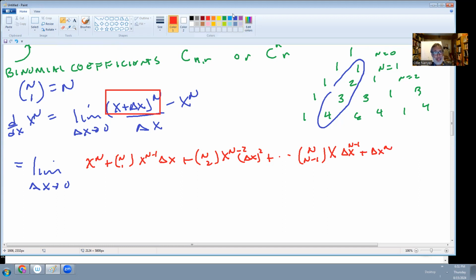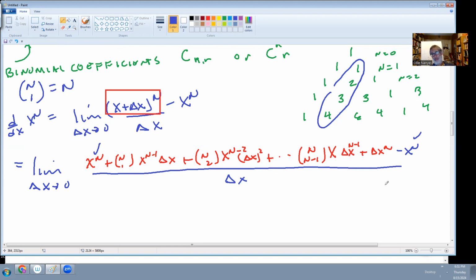And then we still have to subtract the x to the n. And we're so close. We're a lot closer than it may look. Because now that we have all this stuff with the binomial theorem, what happens to these two? Clearly, they cancel. They subtract off. Now remember, this is equal to n.